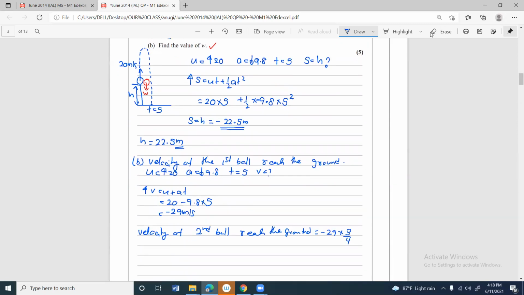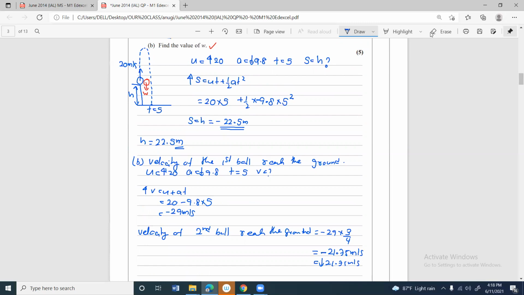That turns out to how much? I'll keep this minus format over here. Later on, I'll mention what this minus means. Minus 21.75 meters per second. That means this minus indicates it's downwards, 21.75 meters per second.